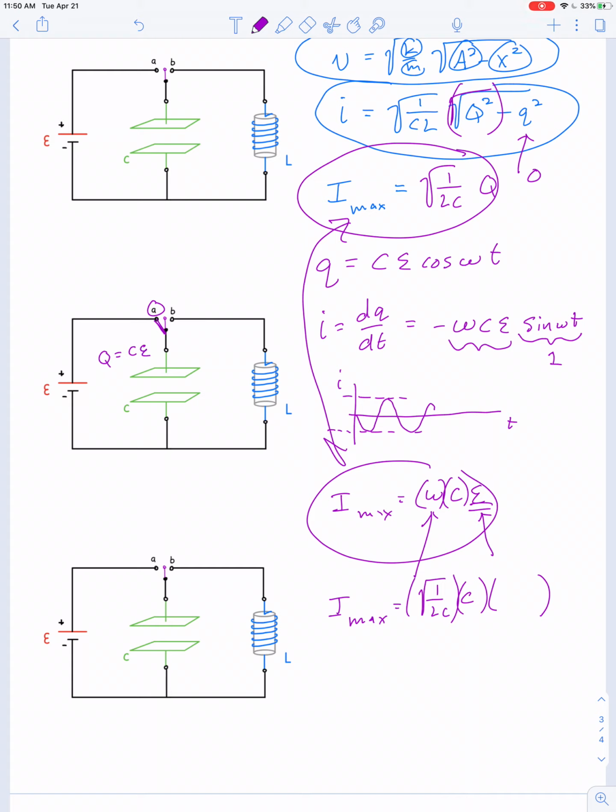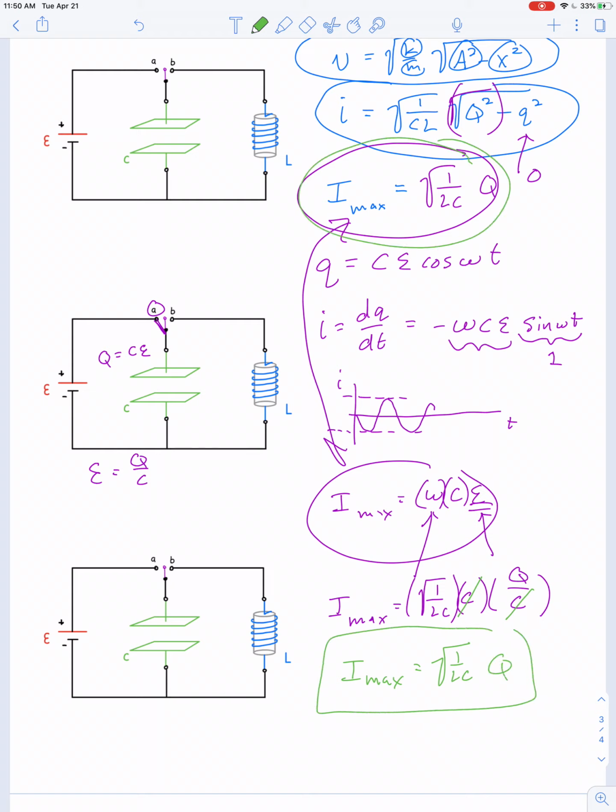So when we rearrange that equation, we could say the EMF is equal to maximum charge over capacitance. Oh, well then if we just cancel out these C's, then we get, indeed, I max is equal to the square root of 1 over LC times Q. Yeah, these two expressions do perfectly agree with one another.